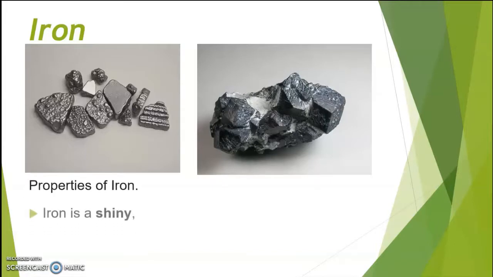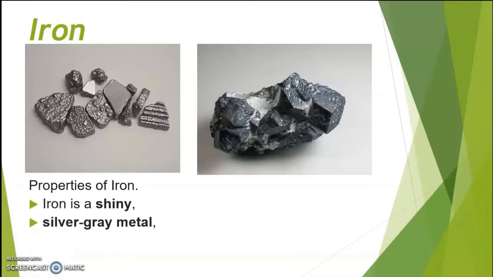Properties of iron. Iron is shiny. Do you know what is shiny? Look at the picture. Yes, the iron is a shiny one, and a silver gray metal. So it's a metal, but the color is silver gray.